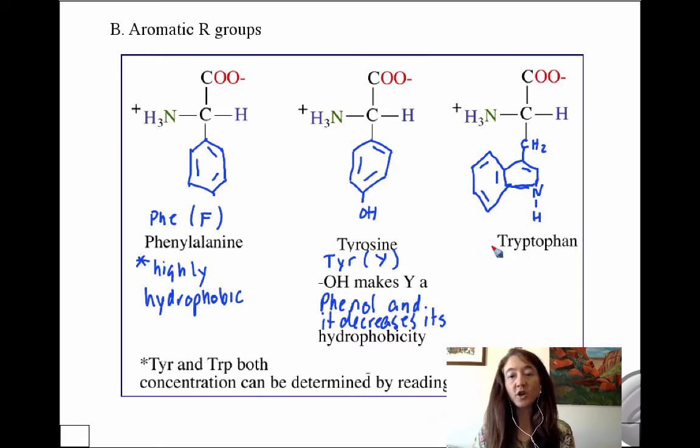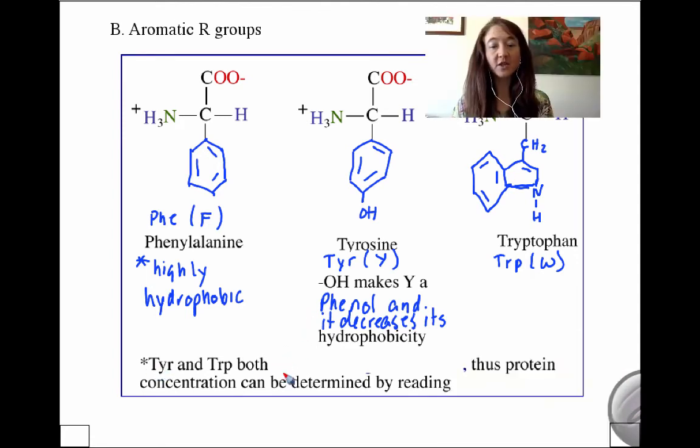So pi electron structure is the name of the game when it comes to these aromatic amino acids with strange 1-letter abbreviations. Tryptophan is W. It too is highly hydrophobic, as you might guess. And we recognize that this high pi electron structure, the high delocalization, causes these amino acids to absorb light at wavelengths within the UV.